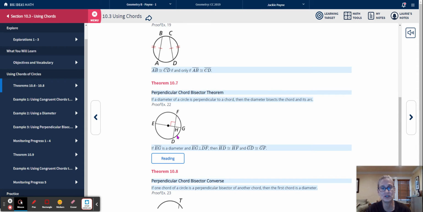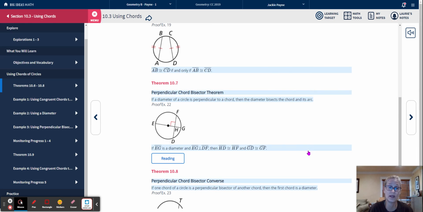That makes FH congruent to HD, but it also bisects the arc, so arc FG is congruent to arc DG. And that's what it says. That only happens if EG is a diameter.